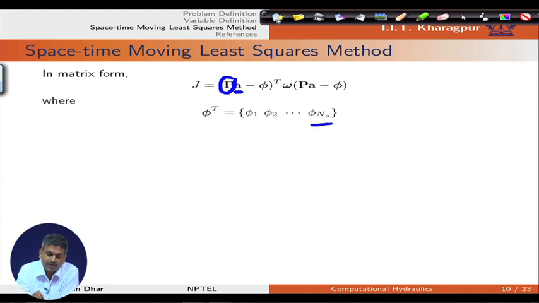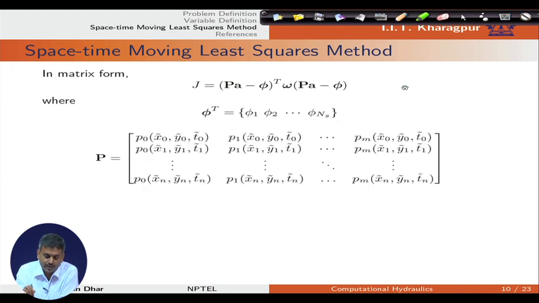Now, if we consider P, we need to consider m number of points including the 0, so 0 plus m, so m plus 1 number of basis terms will be there, and we have n number of points, or in this case NS is the total number.